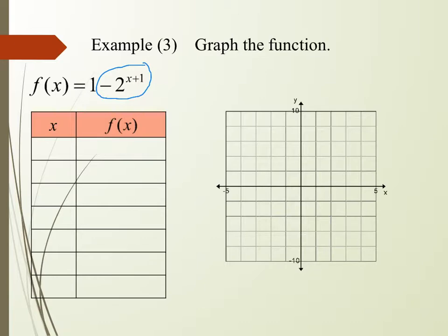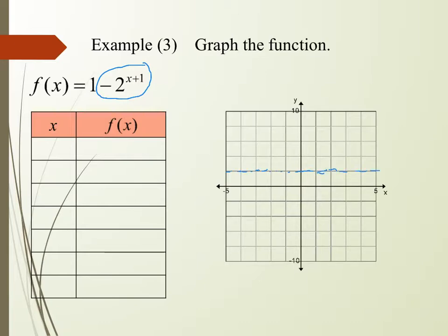If the power becomes much more negative, then negative 2 raised to the x plus 1 becomes very, very small. And so essentially what happens is we have a horizontal asymptote at 1. So I'm going to mark that 1 in.